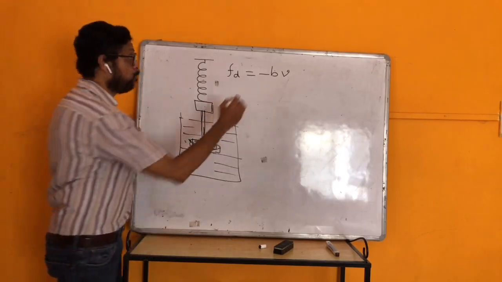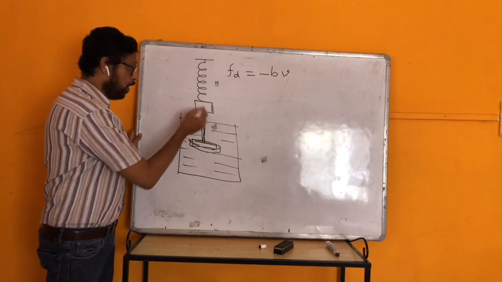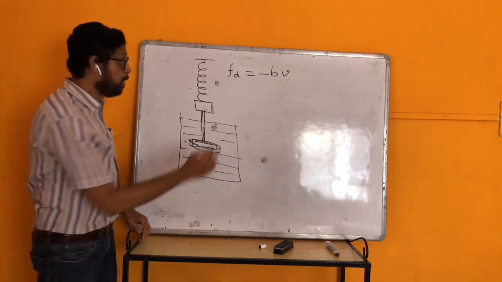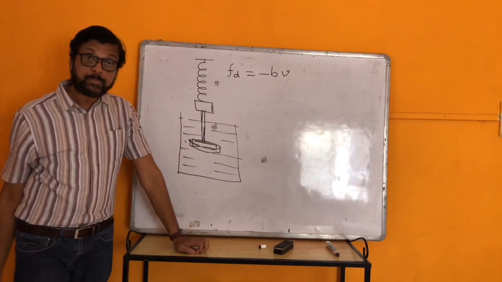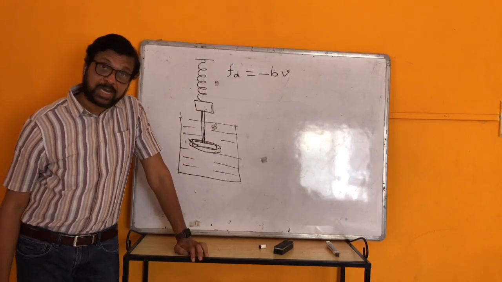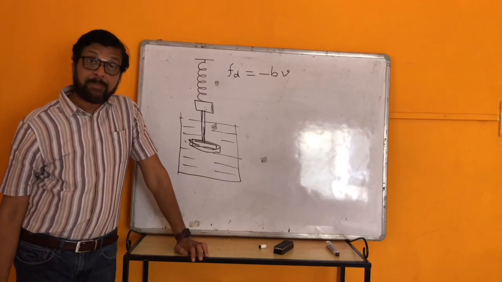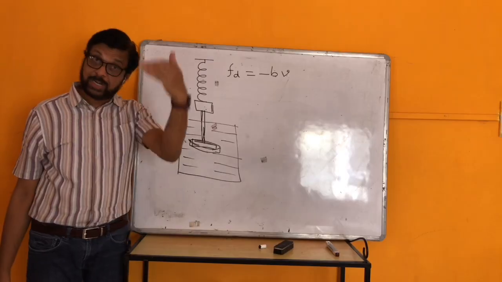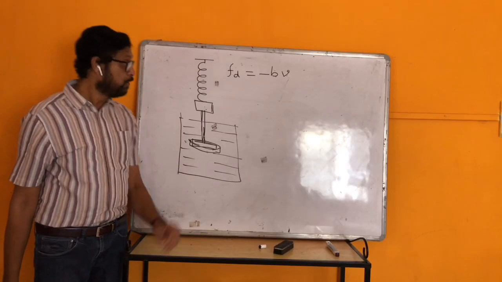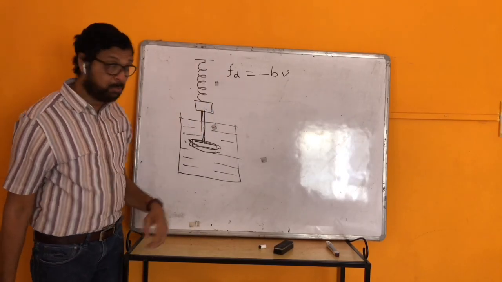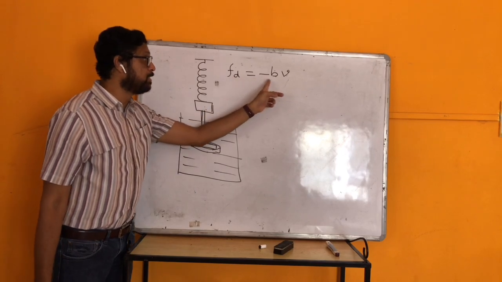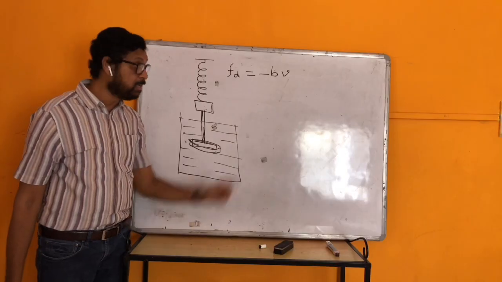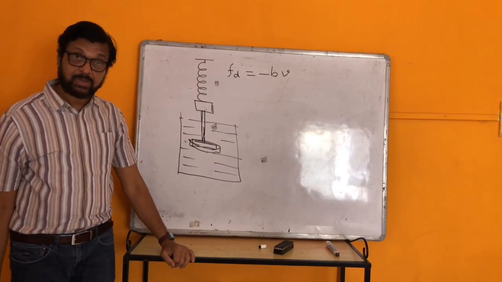Minus BV, whereas V is velocity of this block or any particle which is performing SHM, and B is called damping constant. B is damping constant, and the negative sign shows that the damping force reduces the motion, so opposes the motion. So damping force Fd is equal to minus bv. B is the damping constant, v is the velocity.